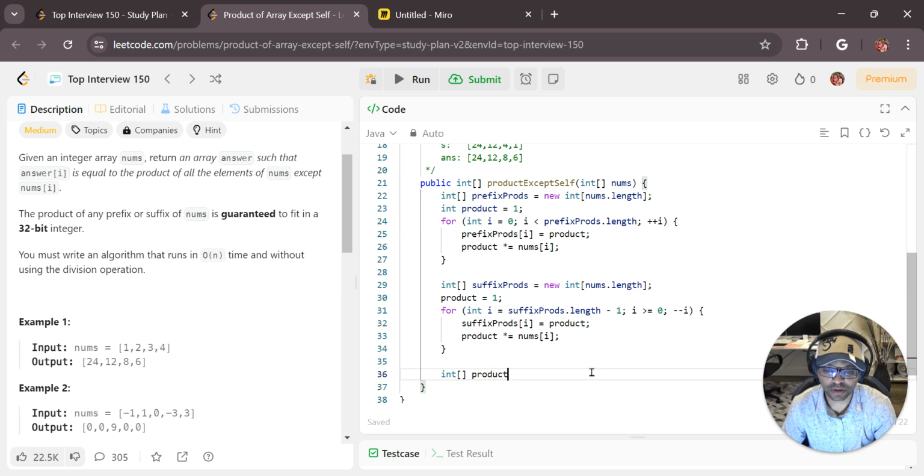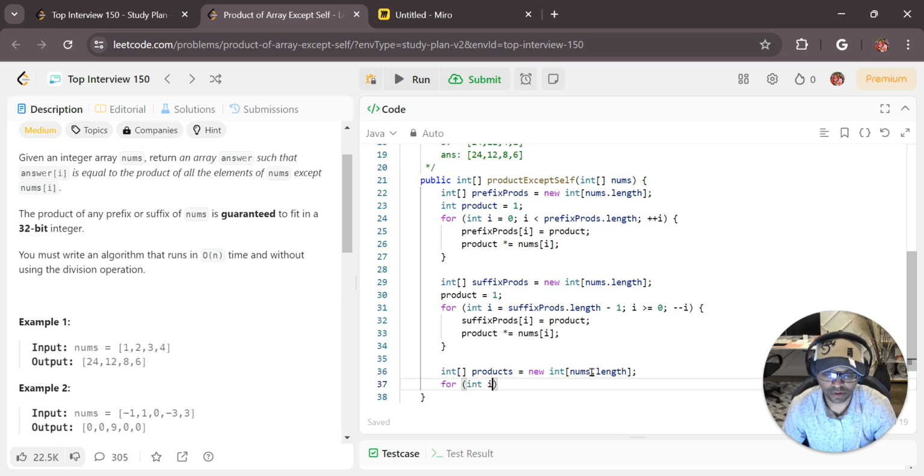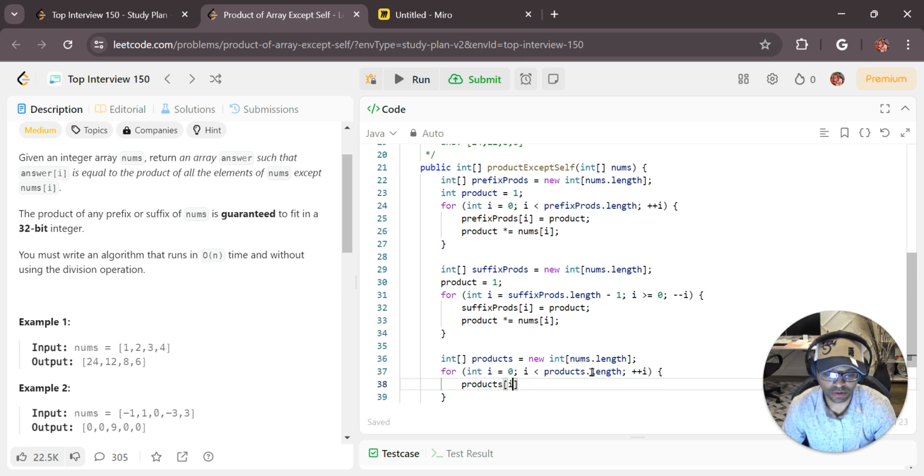Now we just construct the answer products. Same thing, nums.length, and we just i goes to 0, i is less than products.length, plus plus i, and we just say products of i is equal to the product of all the prefixes of that number, right?